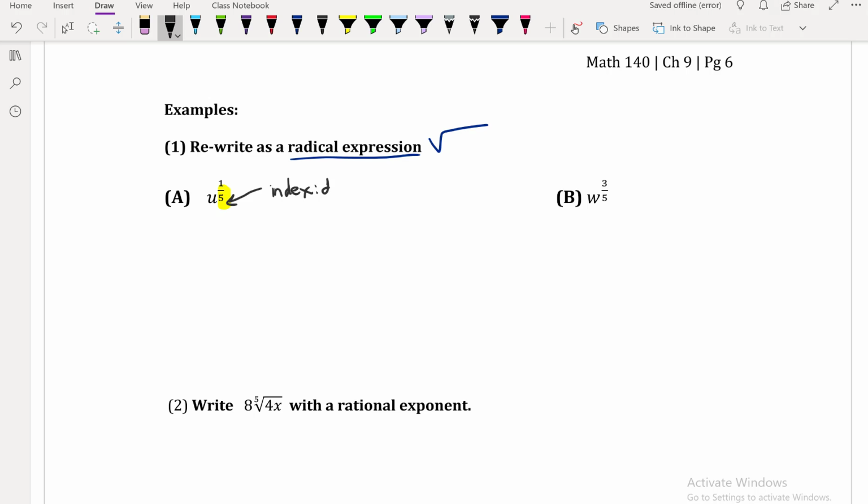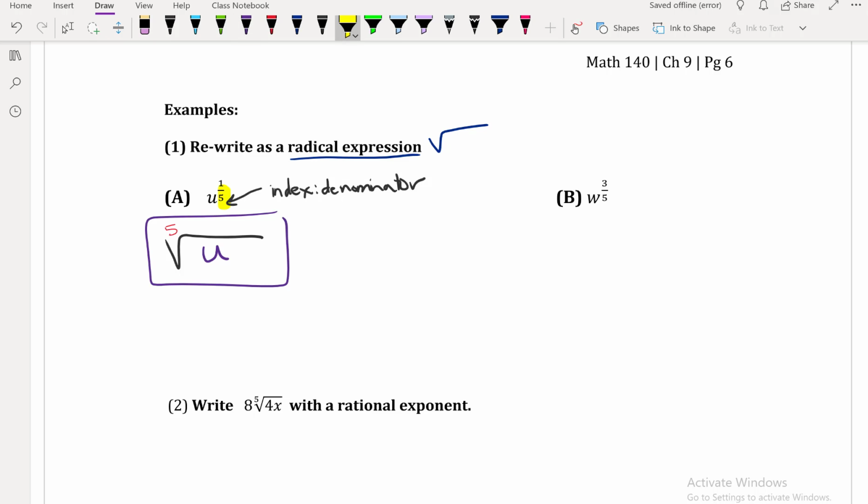The index is always going to be the denominator. So here I have my radical, and my index as my denominator is 5, so my index is 5. I'm left with a u inside. So I have the 5th root of u.